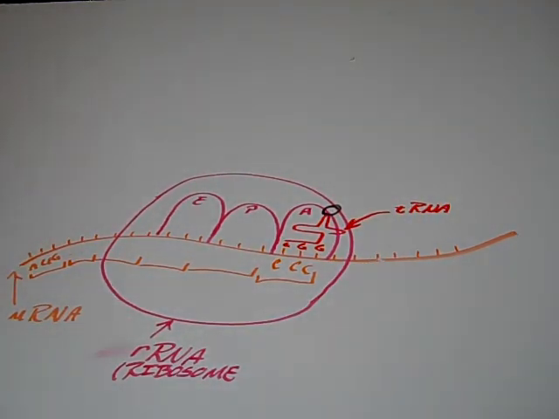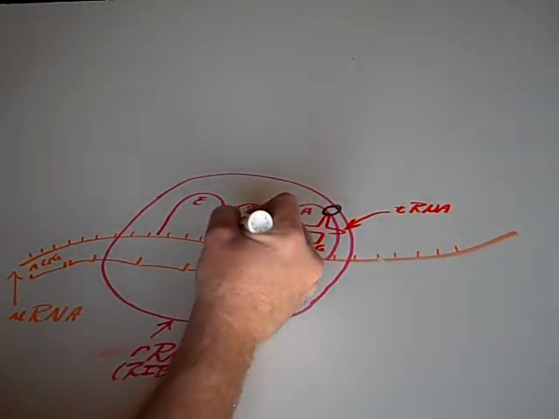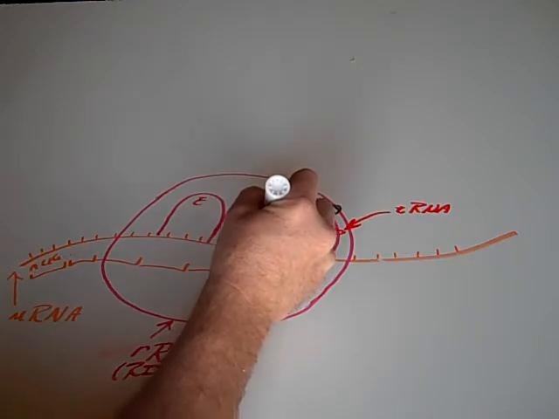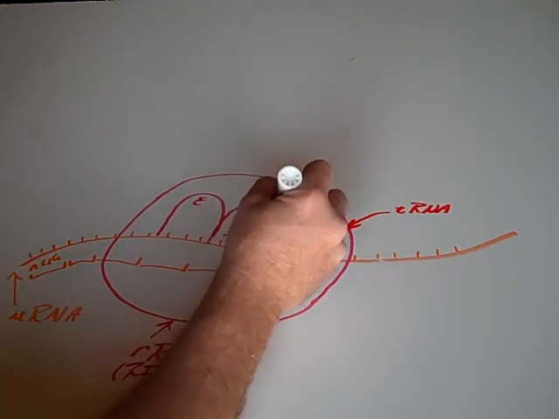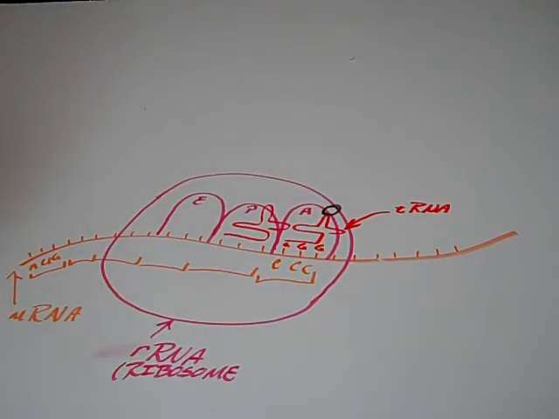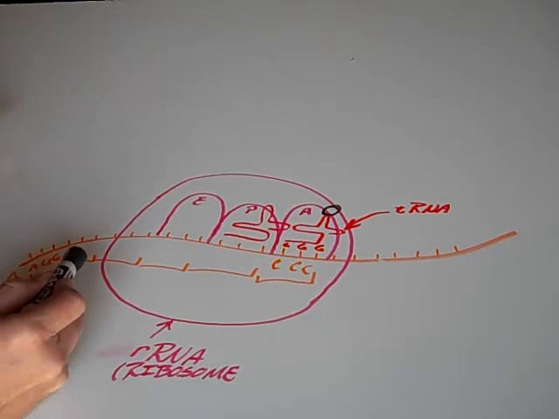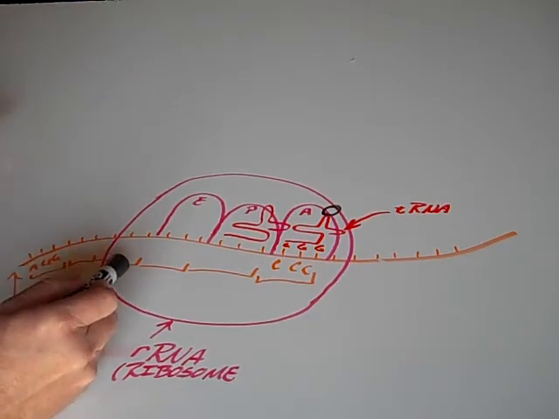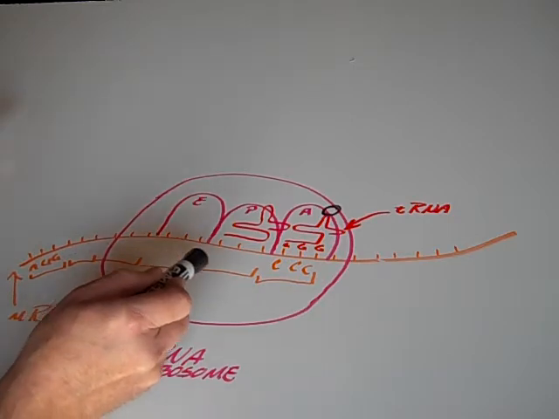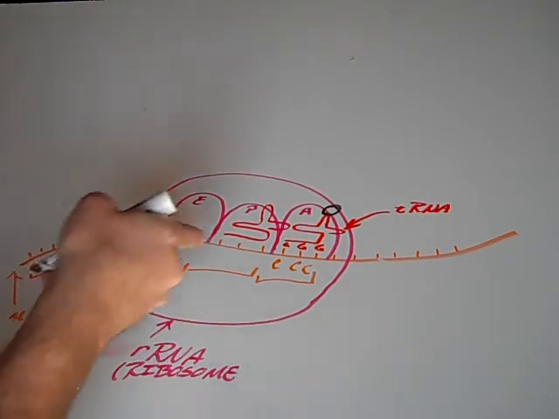Now, next to it, in the P site, and the P site we'll refer to as the polymerization site, this particular tRNA has several amino acids attached to it. Now I can tell on this one how many amino acids because this codon would have brought in the first amino, methionine, then this would have brought in one, this would have brought in one, this would have brought in one, and then there's the one that this came in to the A site with.